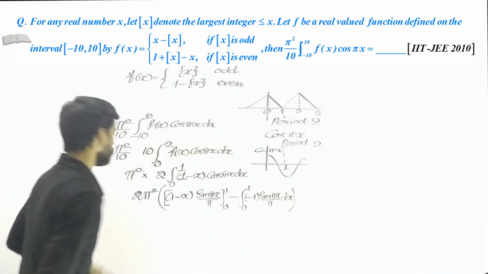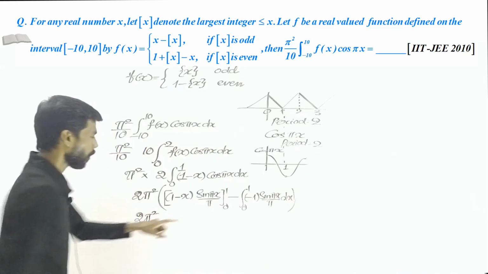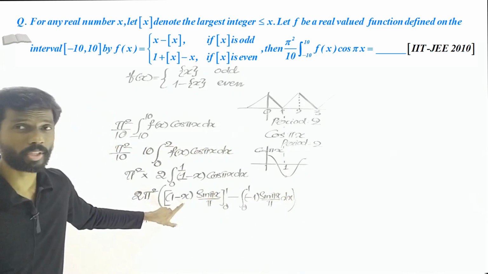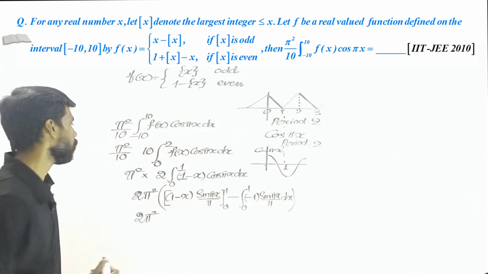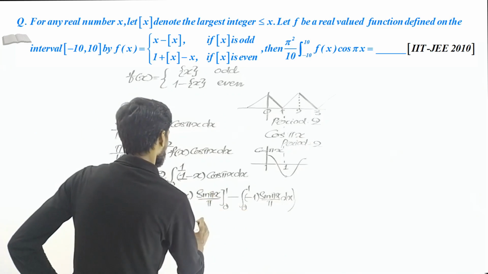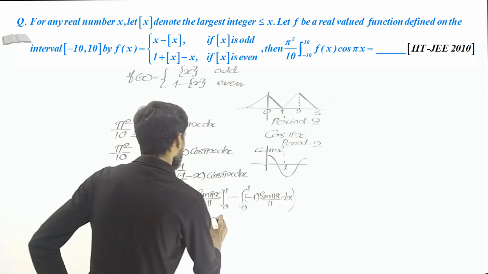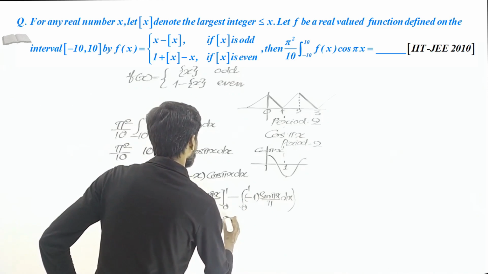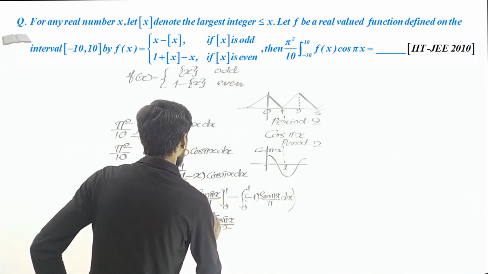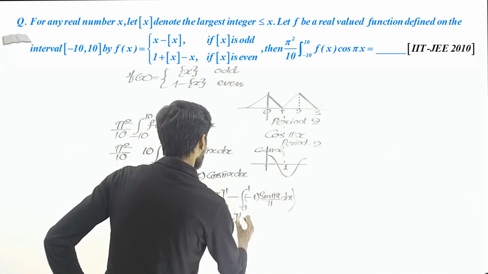Okay, so let's simplify this. So 2 pi square. Substitute this limit. If you substitute 1, it will become 0, and substitute 0, sine 0 is 0. So this integral is completely 0, and this minus minus will become plus sin pi x divided by pi. So that has integral minus cos pi x divided by pi square. Alright, so that is the integral of this from 0 to 1.